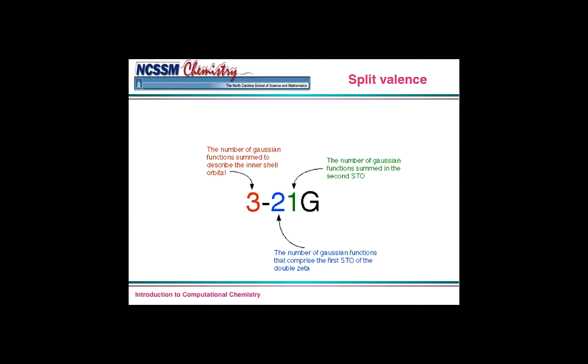And the 1 there says I'm going to also approximate the valence electrons with a single Gaussian function, a single GTO.